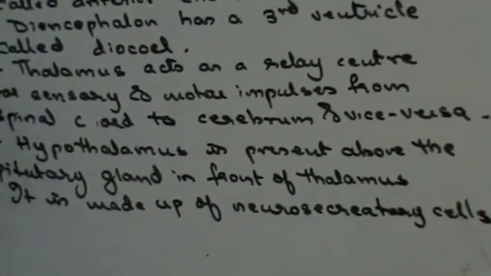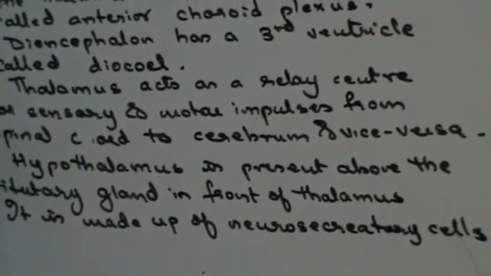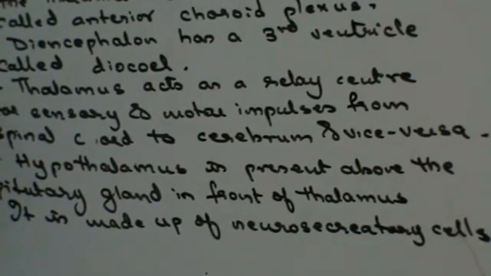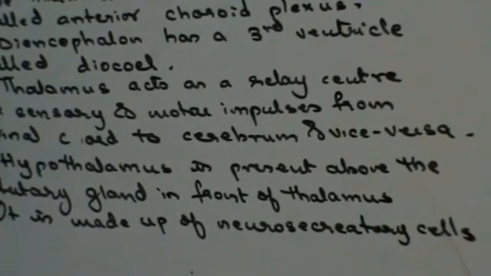Functions. The hypothalamus controls secretions of tropic hormones from the anterior pituitary by secreting neurohormones.